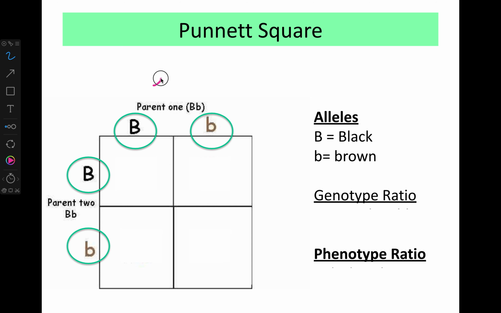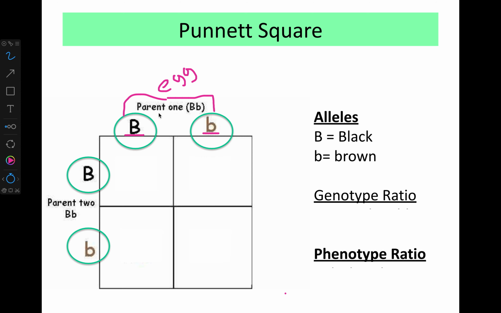In this mom, this is the egg. So the egg could either have a capital B or a lowercase b. Those are the options in the egg for the genes.